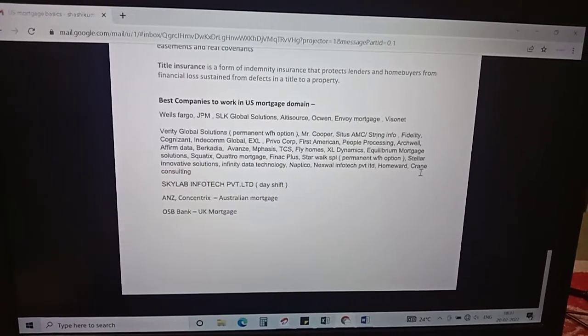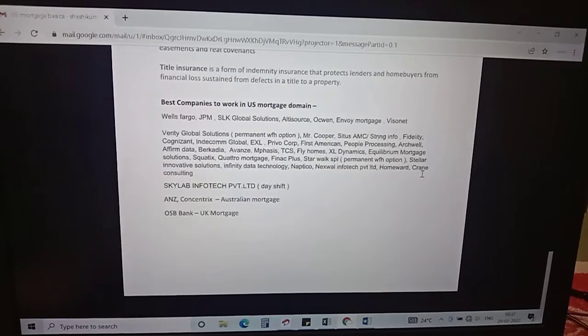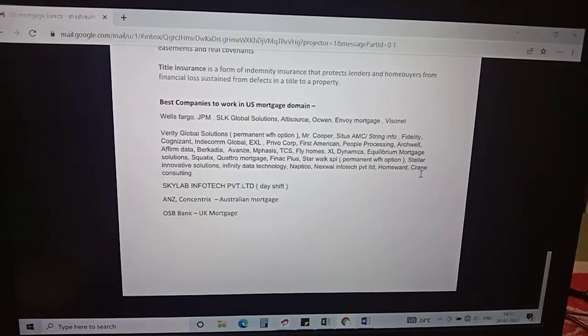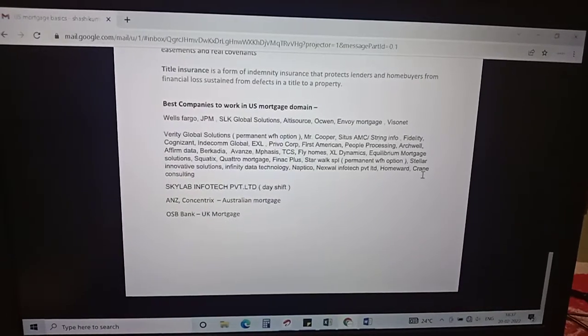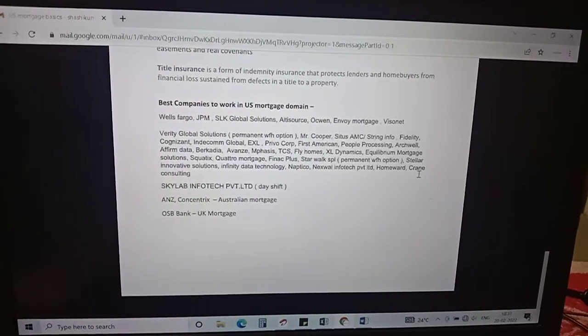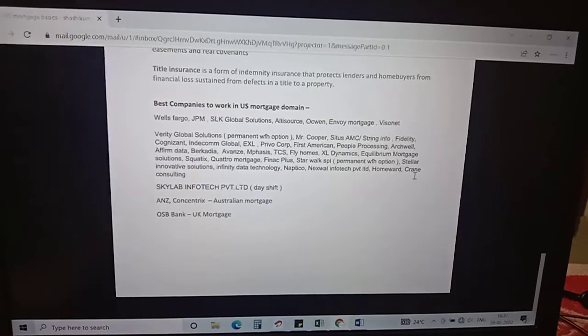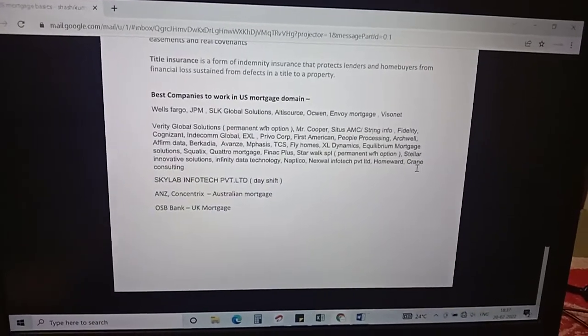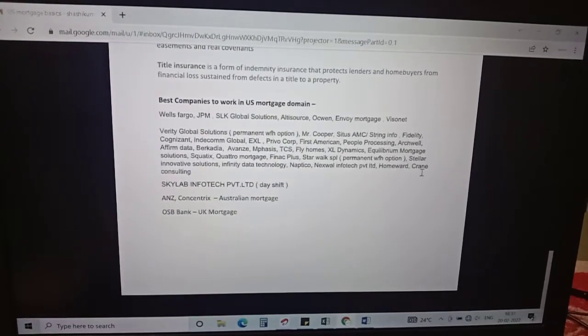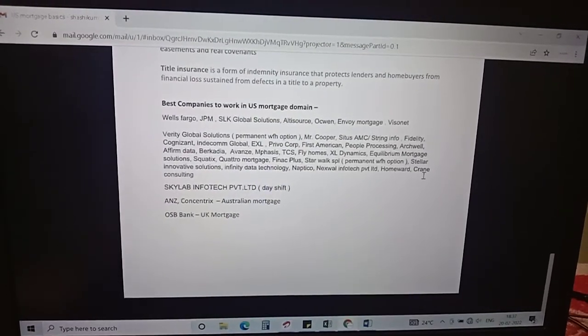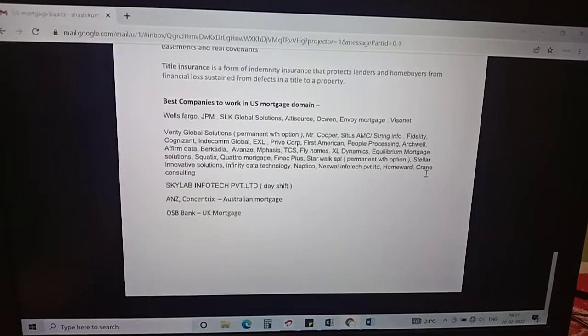Stellar Innovative Solutions, Infinity Data Technology, Naptico, Nexwell Infotech Private Limited, Homeward, and Crane Consulting. These are the companies which are into the US mortgage domain. And one more company which I've heard of from my candidate is Skylab Infotech Private Limited. They have a morning 7 o'clock login.